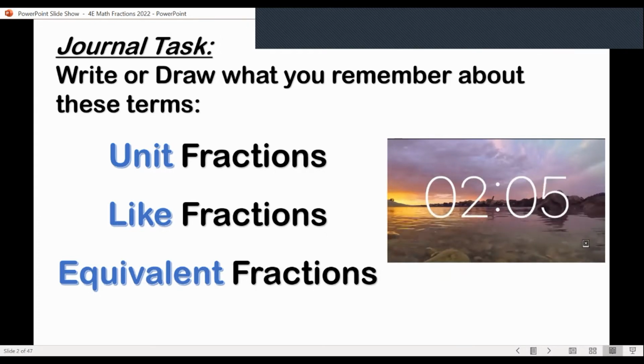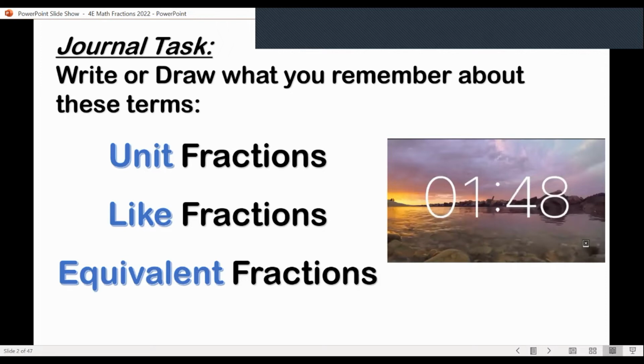Come on, 2 minutes more. You should be able to draw something. You mean fractions is entirely new to you? You don't know what fractions are? Come, write down something or draw something. Certainly you have seen the word fractions before, right? Yeah, so draw anything or write down anything.